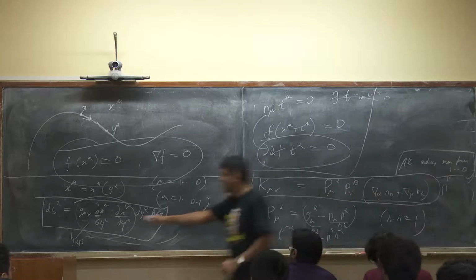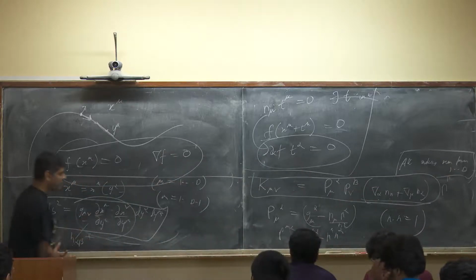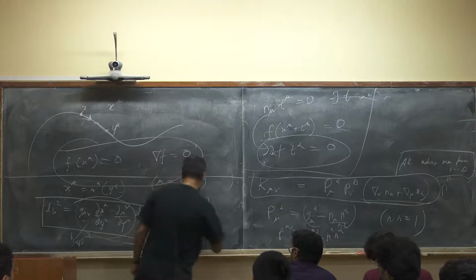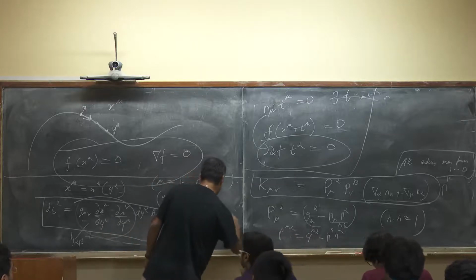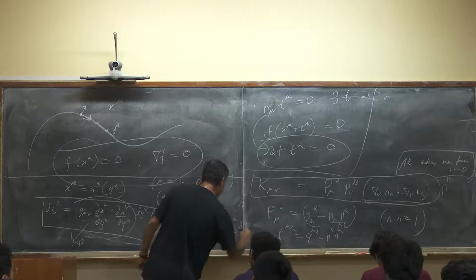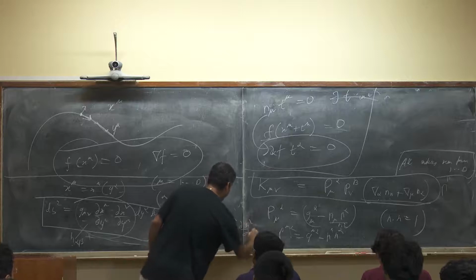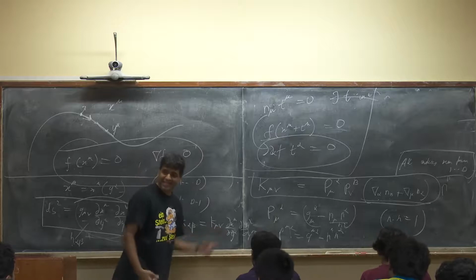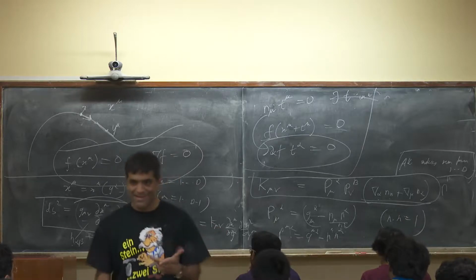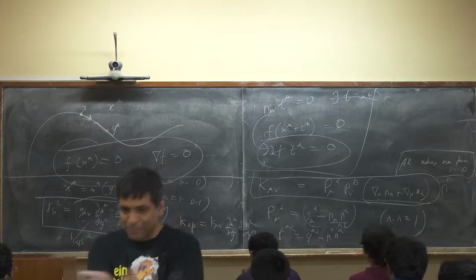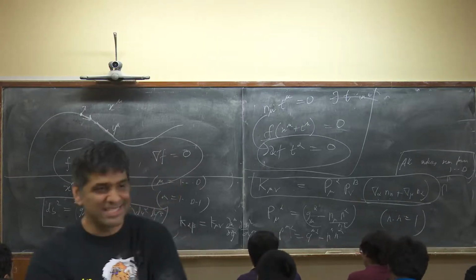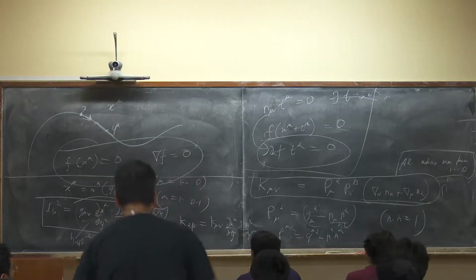By using the same kind of formula, we can define K alpha beta equals K mu nu del x mu by del y alpha, del x nu by del y beta. And these two quantities have exactly as much information, because this K mu nu only had non-zero components along the directions of the manifold.